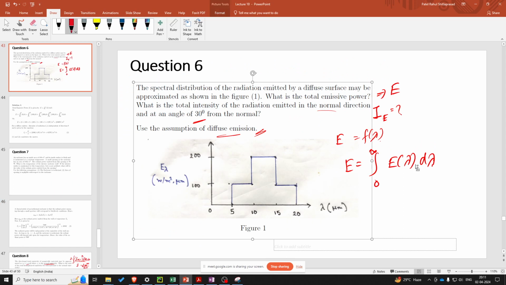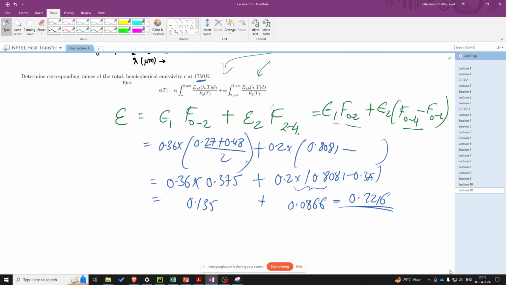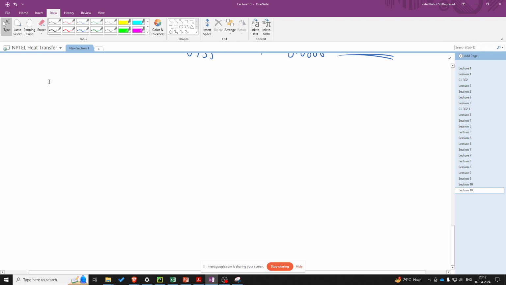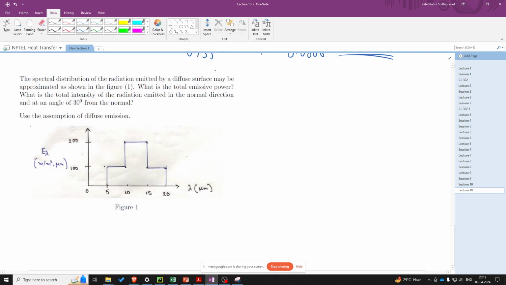And then in order to find the total intensity, you can just divide it by pi. So yes, the total emissive power is nothing but the integration across the entire wavelength spectrum, d lambda. You can break it into parts.